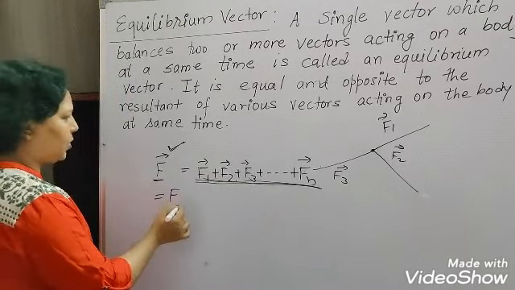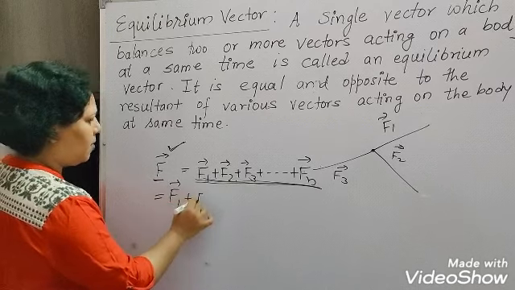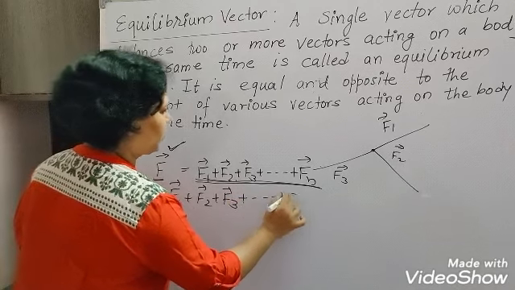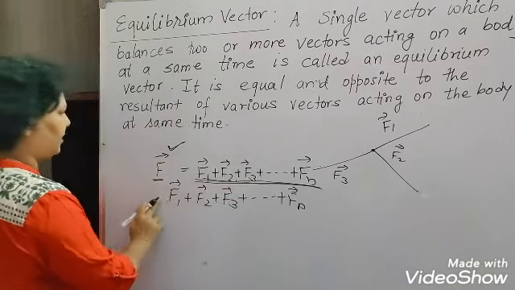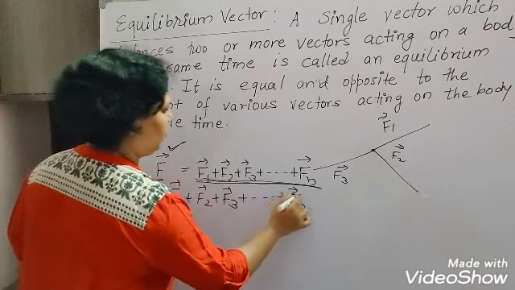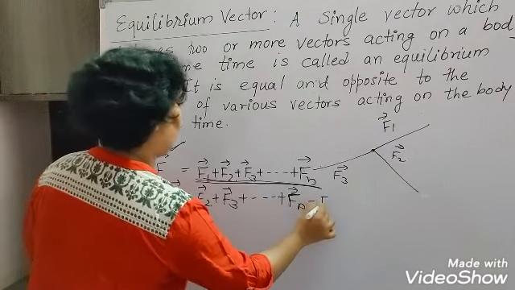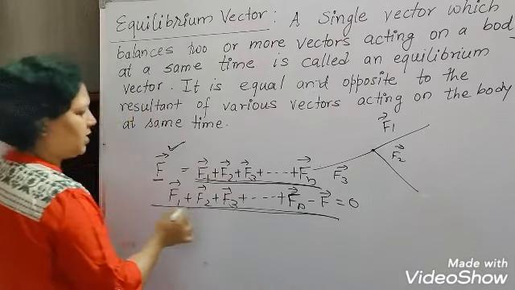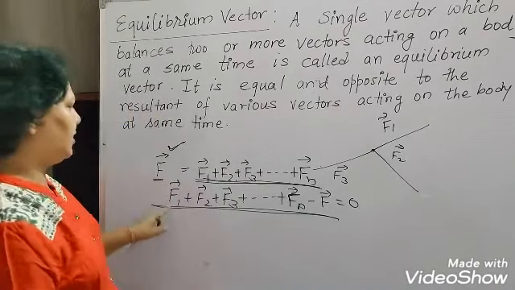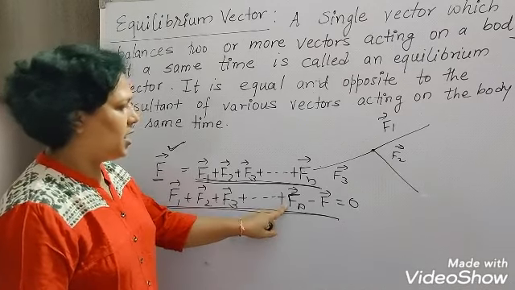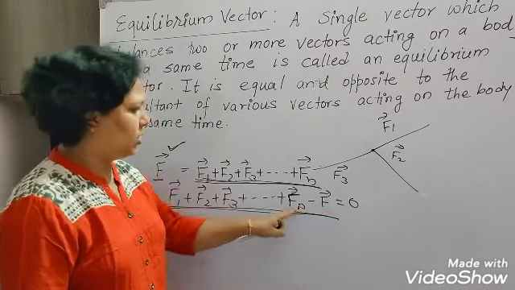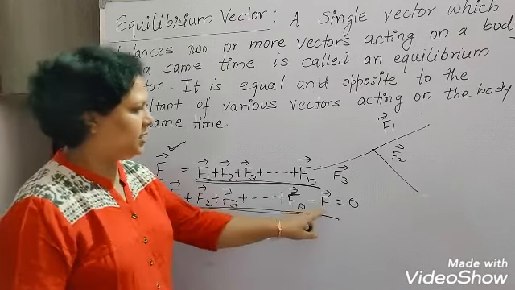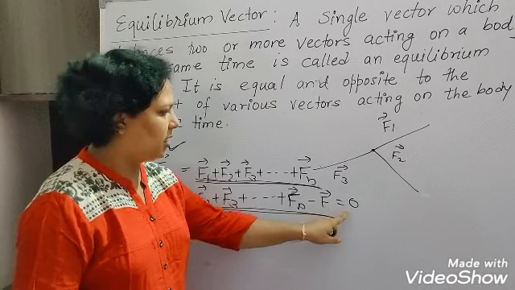How is it? Just look here. This is F1 plus F2 plus F3 and so on plus Fn. Now if you take this F to this side, you will find it is equal to minus F, and that is equal to 0. So this is the resultant of this minus F. The resultant of this quantity, whatever it is, is balanced by F here, and it is giving 0.